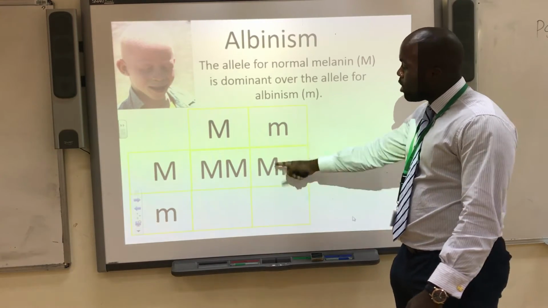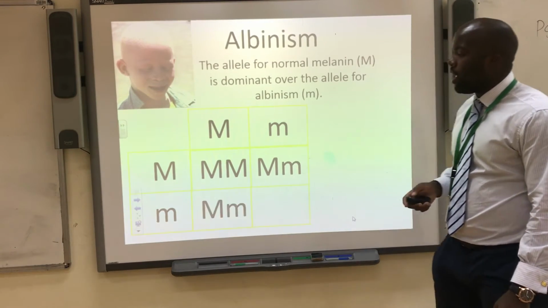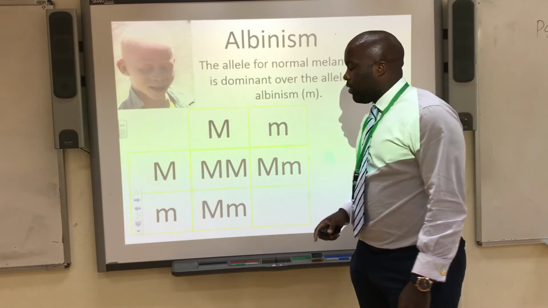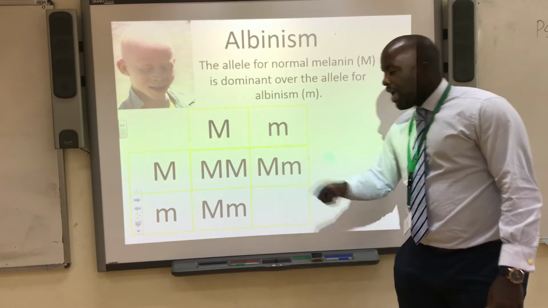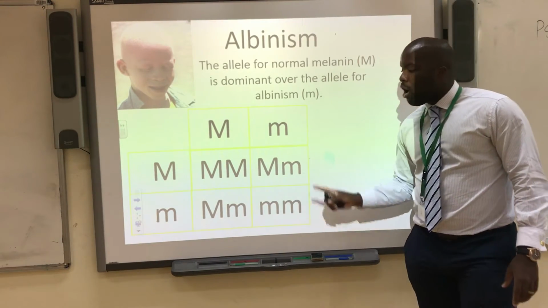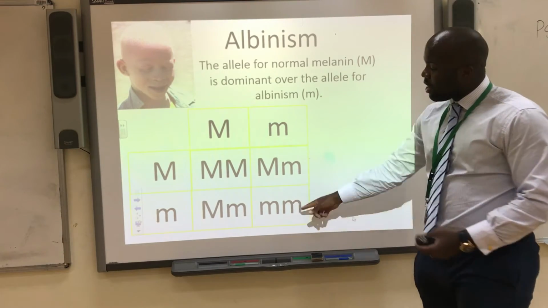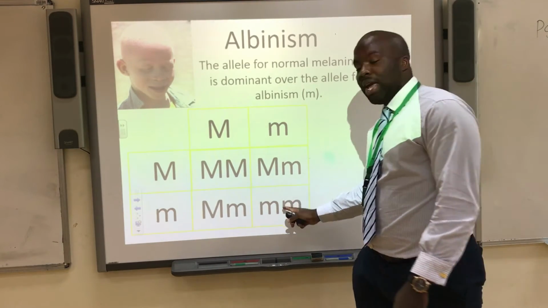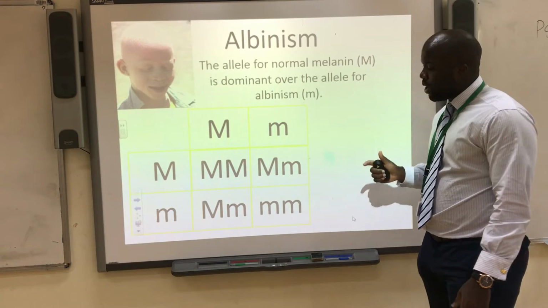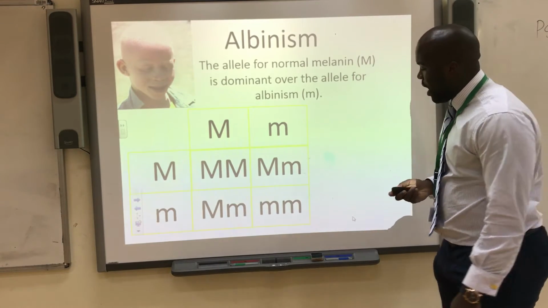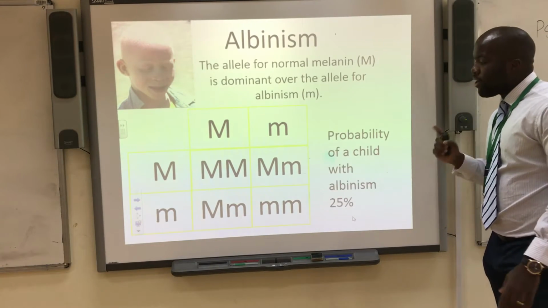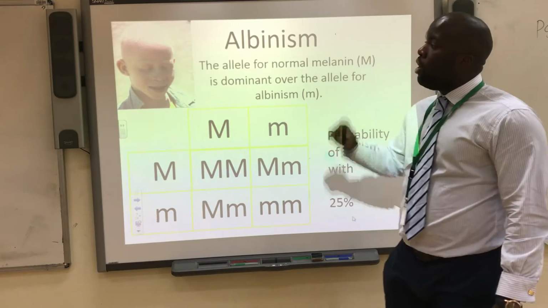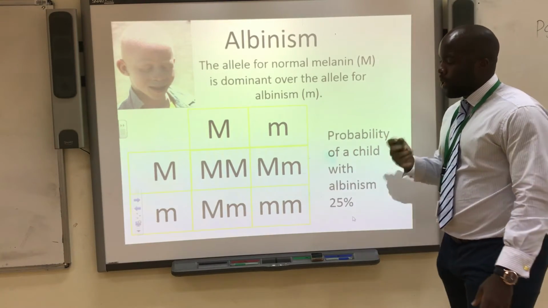And the dominant allele is always dominant over the recessive. And this individual, again, same, both of these are heterozygous, and this is our homozygous recessive. So this is the only combination which will mean that the child or the offspring is albino. So there is a 25% chance of this couple having a child who is albino.